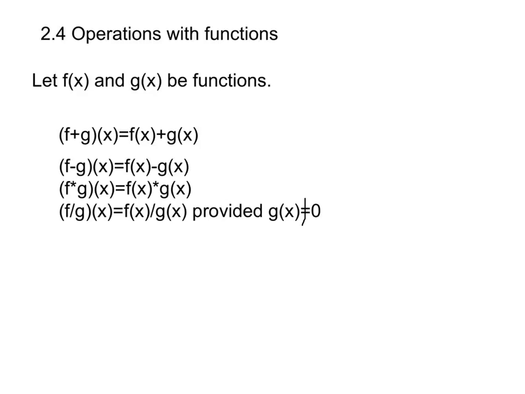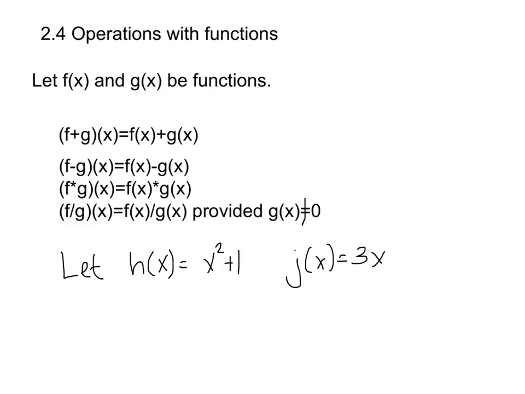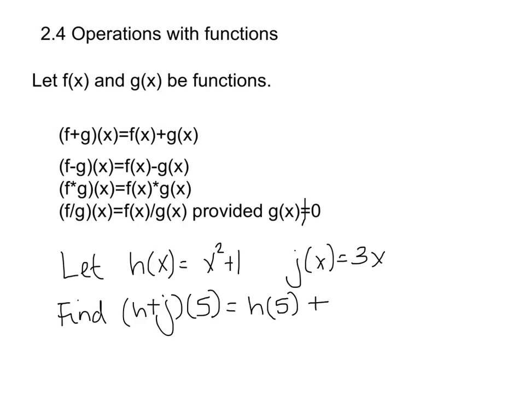So I want us to look at a couple different functions. Let h of x equal x squared plus 1, and j of x equal 3x. I would like us to find (h plus j)(5). In order to do this, we are going to think about what is h of 5 and add it to whatever j of 5 happens to be.